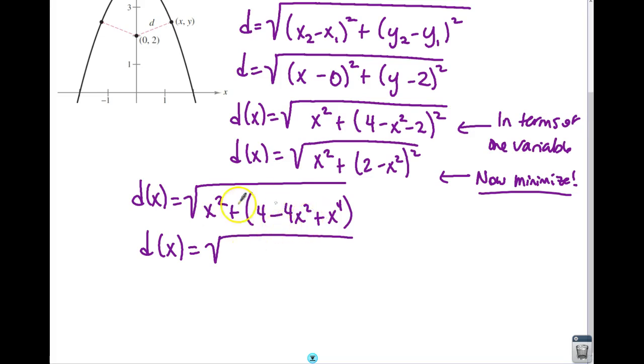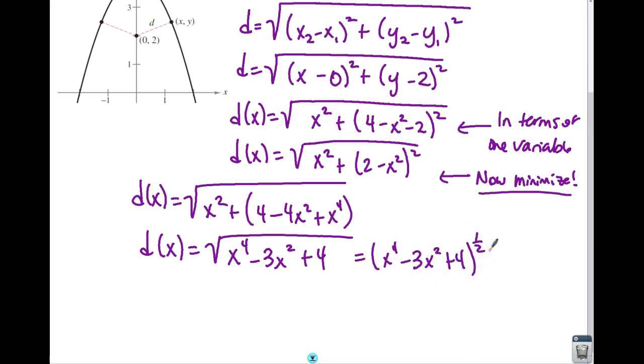But I'm going to write these in degree order here, because I know everybody tends to like that a little bit better. So x to the fourth minus 3x squared plus 4. Okay, so that is my equation for my distance, which I could also write, to help me take the derivative in a second, as x to the fourth minus 3x squared plus 4, to the 1/2.